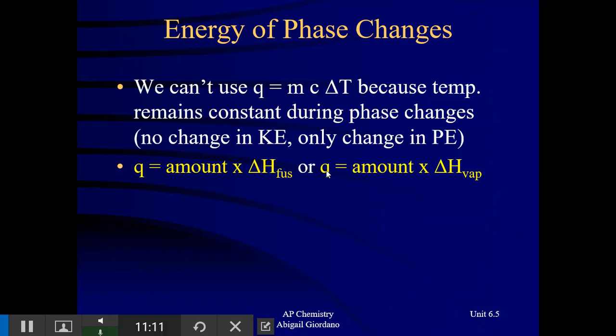So during phase changes, we can't use that mc delta T equation because the temperature remains constant, which essentially means there's no change in kinetic energy. The only energy change is in the potential. Those are the equations we will use.